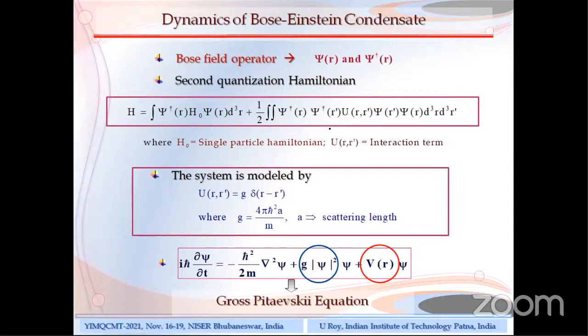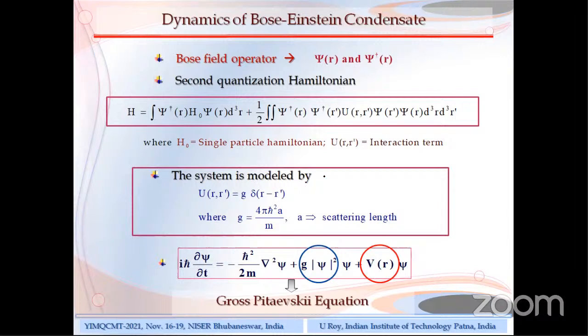So let us see the fundamental theory of BEC. Just one slide I want to mention because there may be students and postdocs who may not work in this field. So this is a second quantized Hamiltonian, which takes care of the single particle Hamiltonian as well as the interaction term, which is given by V(r, r') or U(r, r').